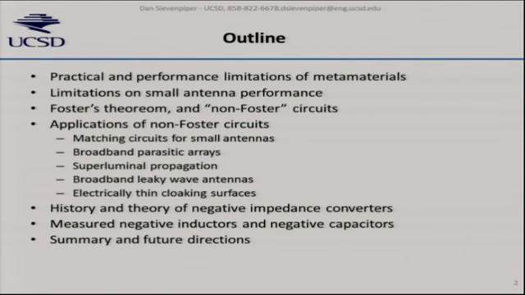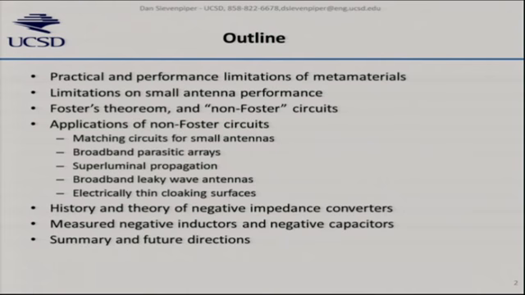So I'll start with some of the limitations of passive RF structures, metamaterials, small antennas, and then I'll talk about the basics of how we build these structures that we call non-Foster circuits, negative capacitors and negative inductors, and then some of the things we can do with them.